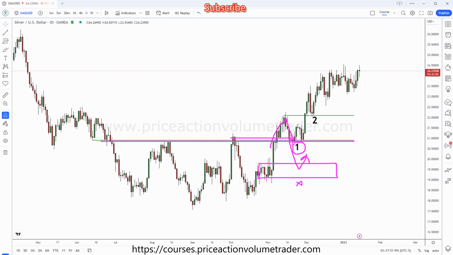But as you can see here, we come up and we did break up from this previous broken swing level. We have a little bounce, we come down into it again, and you can see it does hold the second time.